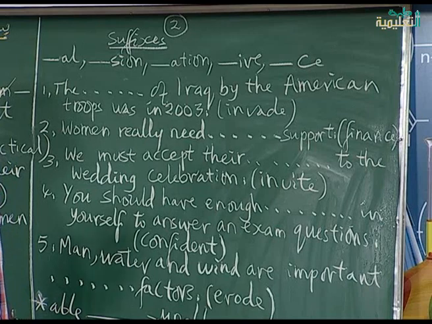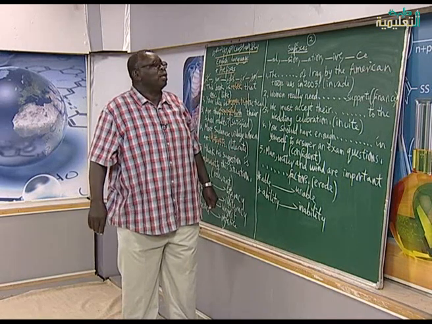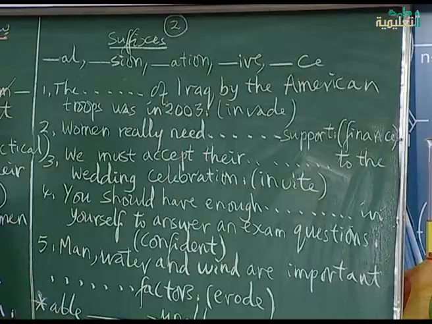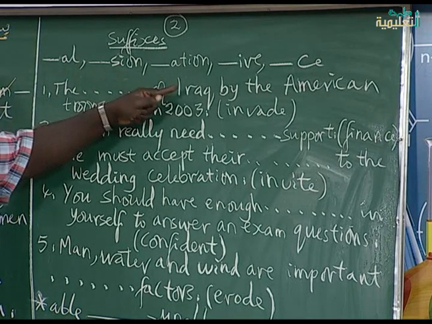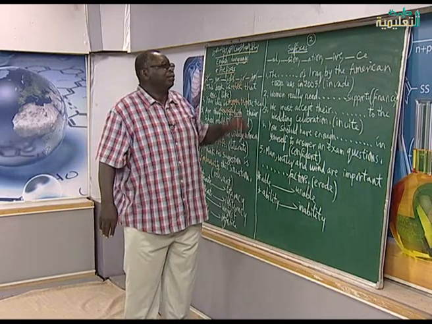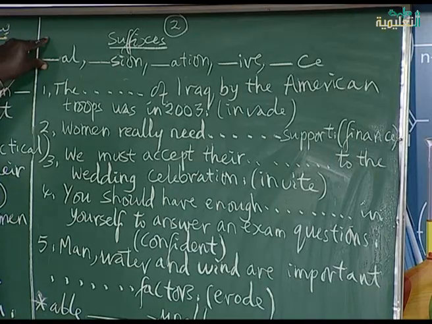So you read the sentence carefully, and then you decide the suitable suffix that you want to add to the word which is written between two brackets at the end of the sentence. 5 suffixes, 5 sentences with words between two brackets at the end of them. So the instruction says add the following suffixes to the words written between two brackets at the end of the sentence.